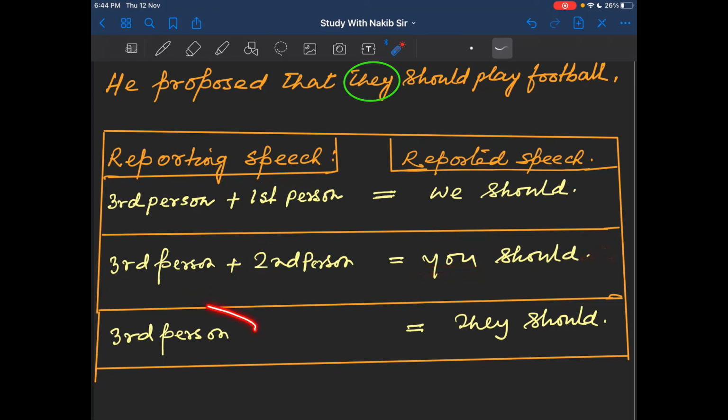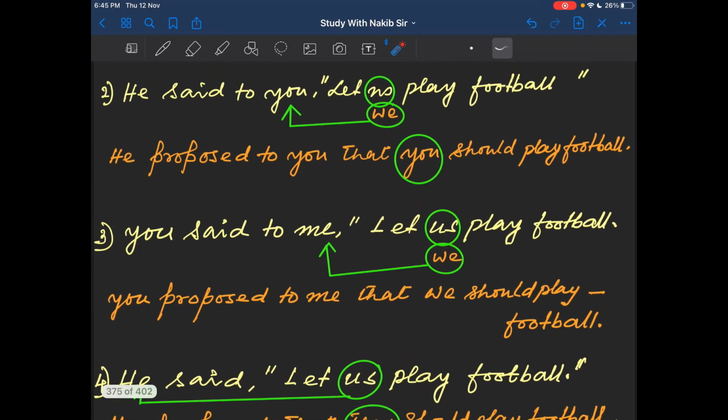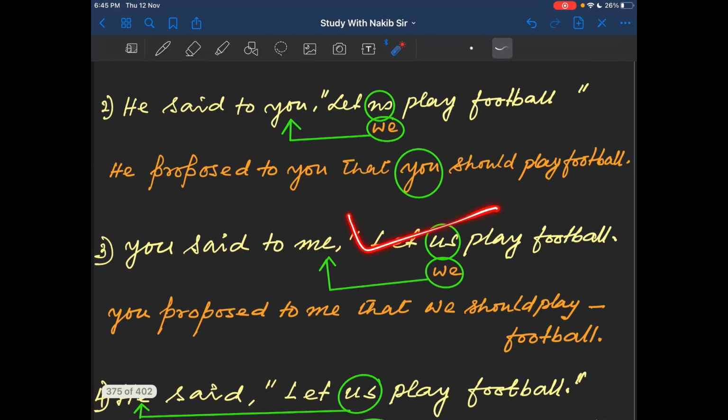And if the reporting speech has only the third person pronoun, the first person pronoun and the second person pronoun are absent, in that case we will be changed to the third person pronoun and it will become they should plus verb. This is the rule to change the pronoun in this type of sentence.